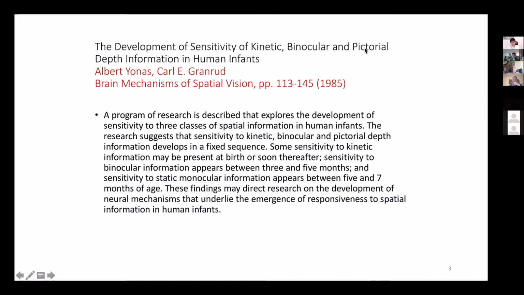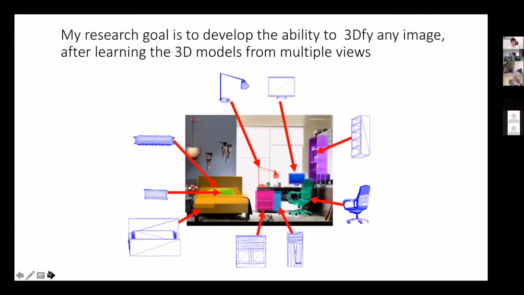Now, I'm arguing that for the human child, there is no access to CAD models like ShapeNet, right? What the human child has access to is kinetic and binocular information. And that provides the 3D models, which then are used for supervising the training of shape from even a single image. So I believe that enterprise is useful for us in computer vision as well.